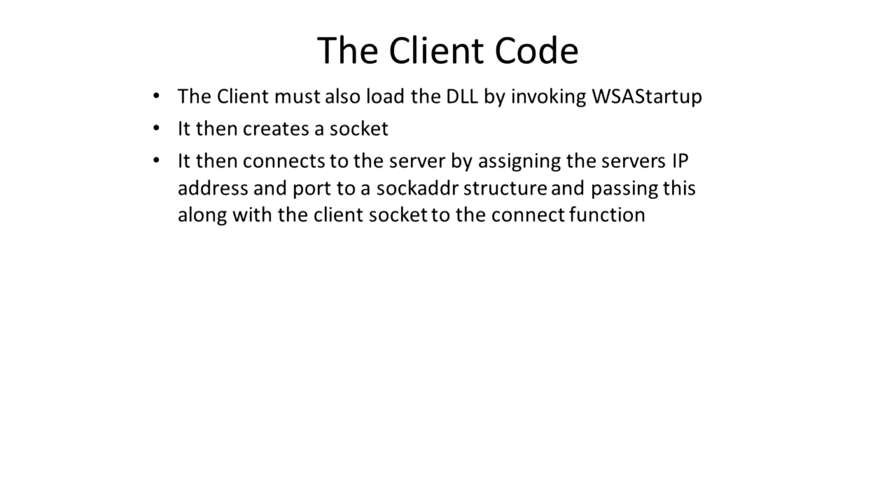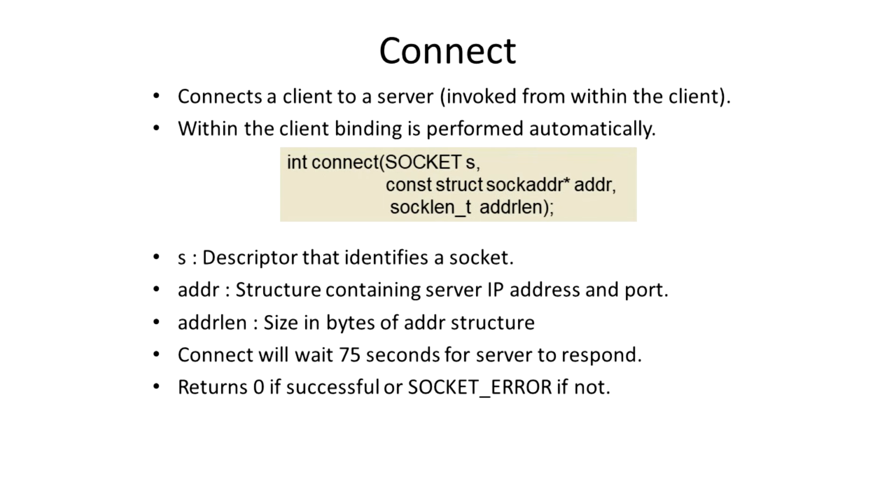Okay, so let's have a look at the connect function of the client. The connect function of the client has to pass the socket, the client socket. This is not the server socket. We don't have access to that. It's on another application. But we create the client socket at the client's end. So we then pass that socket as the first parameter to the connect function. And remember, the binding is going to happen automatically. So this will be bound to the client's IP address and the port number.